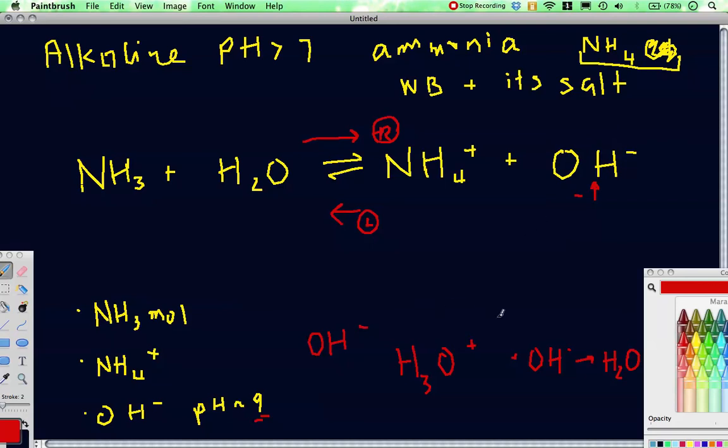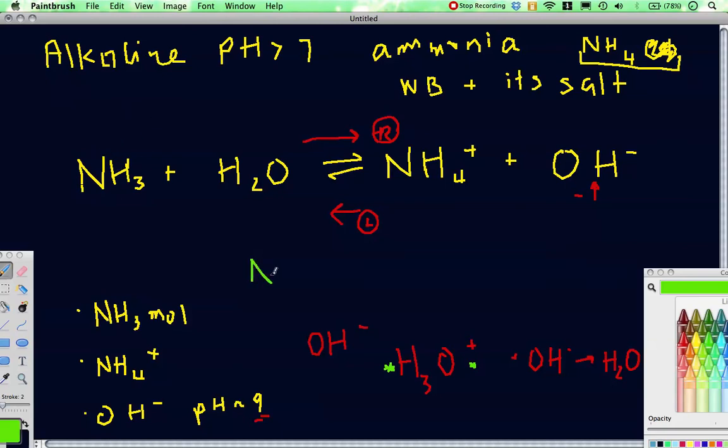Also not mentioned in your textbook, but again totally worth noting, is that the addition of an acid, these hydronium ions, can also be dealt with by reacting them with the whole ammonia molecule here.